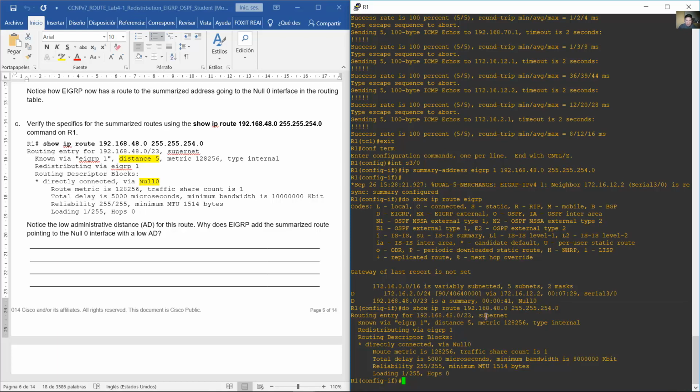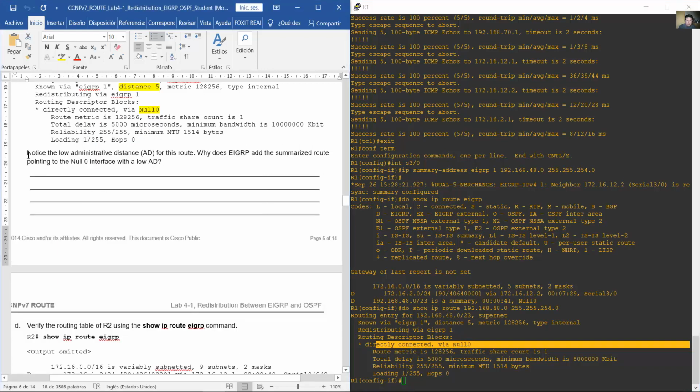This is the entry. This is a supernet, EIGRP 1, distance 5, directly connected via Null0 interface. Notice the low administrative distance of 5 for this route.